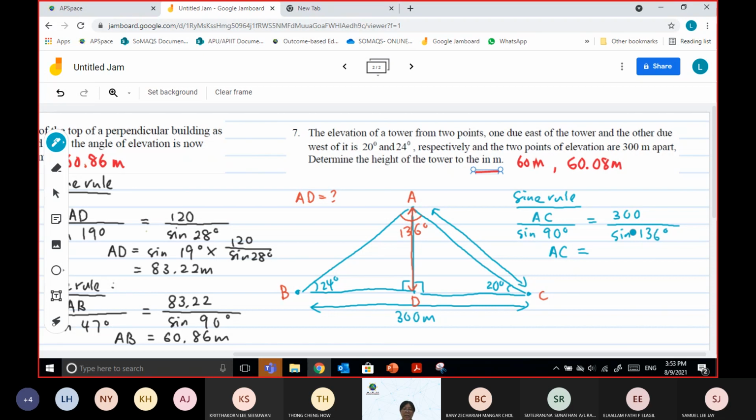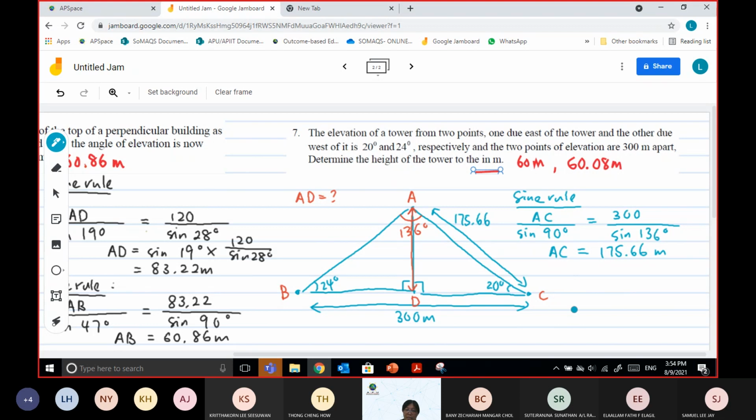I don't actually write the details; you should know how to find AC. AC, I managed to calculate as 175.66 meters. Then I can proceed to find the height.